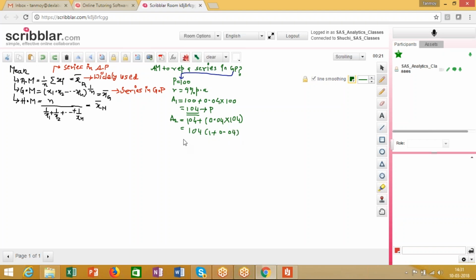Now this 104 itself is nothing but 100 into 1 plus 0.04, and again 1 plus 0.04.